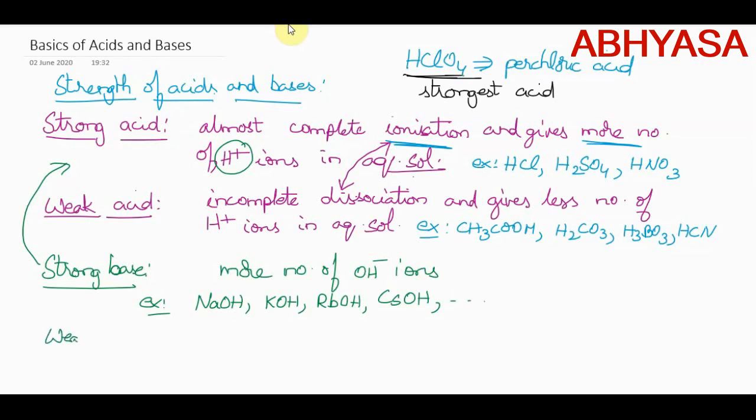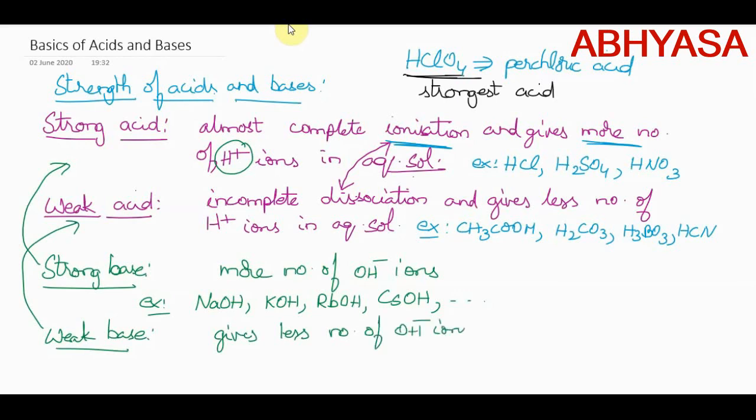And in the same way, we can define weak base, which is similar to the weak acid. It again undergoes incomplete ionization and gives less number of OH minus ions in aqueous solution.